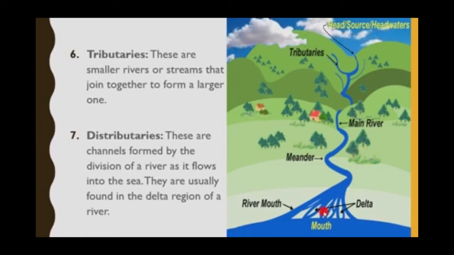Then these distributaries are the channels formed by a river as it flows into the sea or ocean, okay. They are usually found in the delta region of a river. So these are the distributaries, the channels that are created by a river as it flows into the ocean or into another river or into a lake.